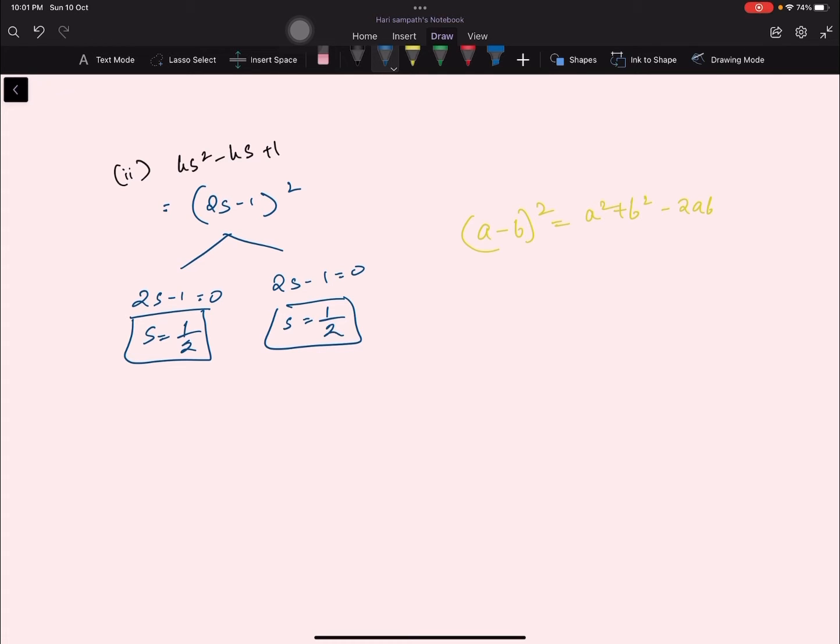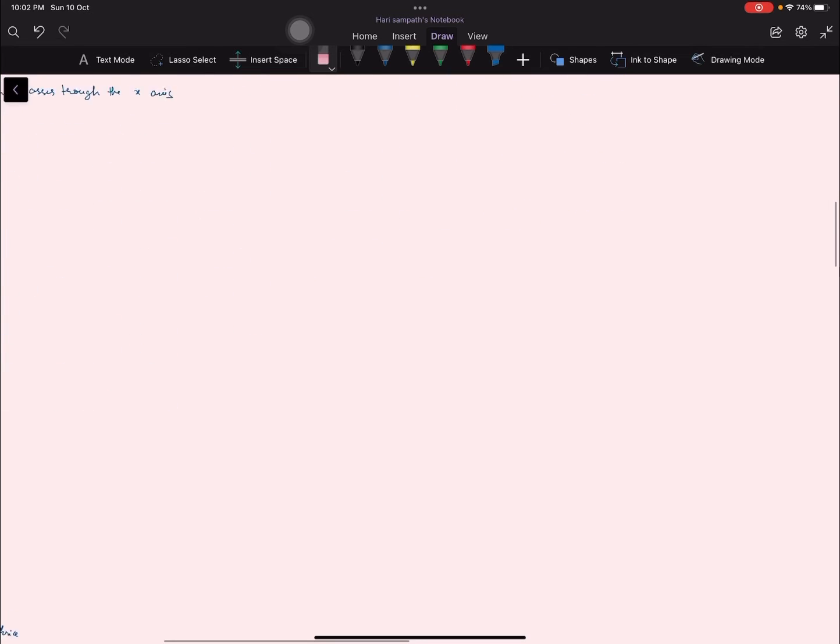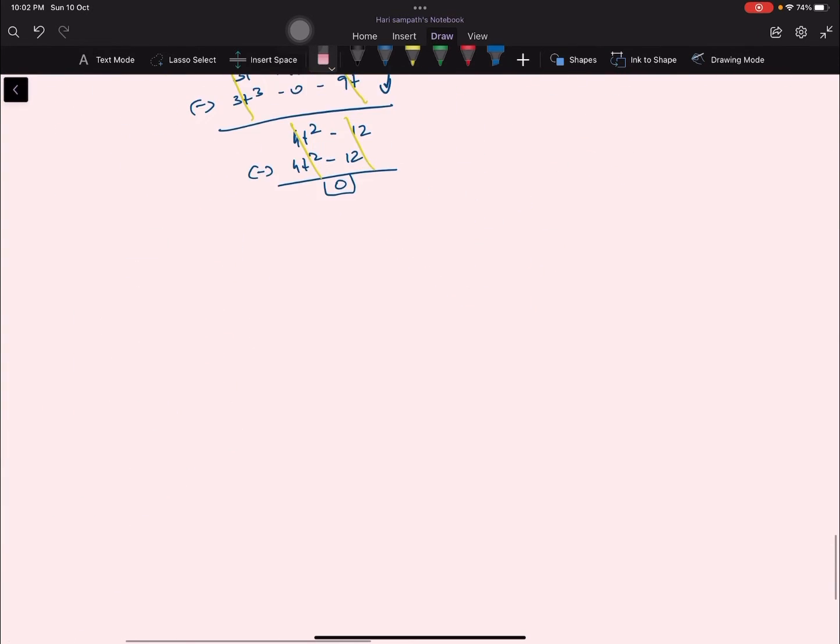And also, since both the zeros are the same, it has only one zero. Let me also explain a small topic over here: how to find whether a polynomial has a zero or not. It's very easy.